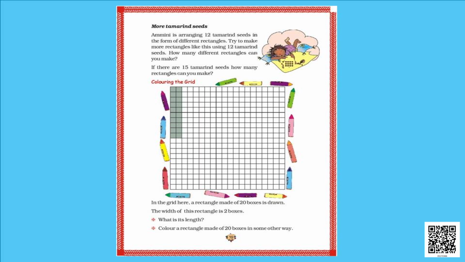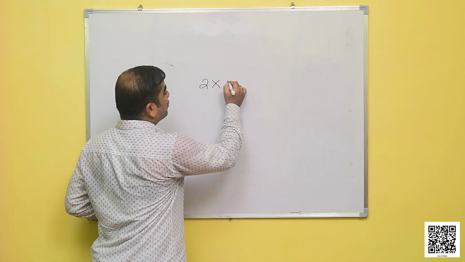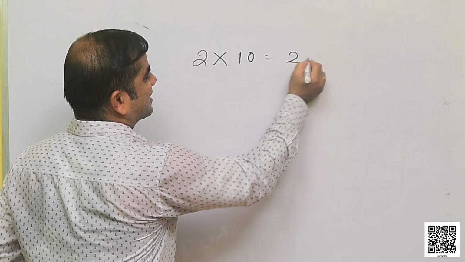Now as given in your book Coloring the Grid, you can find a rectangle in grey color that has a width of 2 boxes. So what is the length? Can you count? Yes, it's 10 boxes, isn't it? So this rectangle is of 20 boxes.